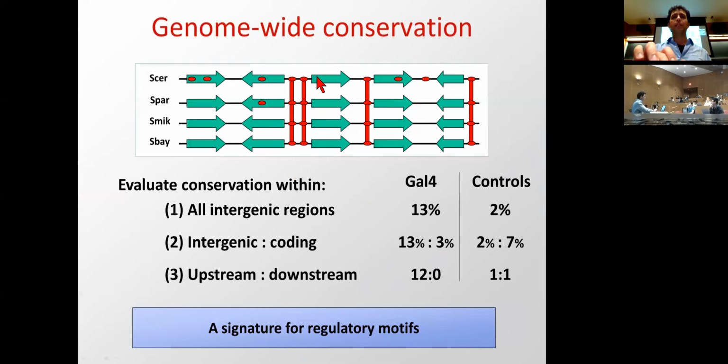And then lastly, you can test upstream versus downstream. So basically in yeast, genes are very close to each other. You can ask for regulatory regions that are upstream of both flanking genes and intergenic regions that are downstream of both flanking genes. And what we find is that Gal4 is preferentially conserved in these divergent regions, but almost never conserved in these convergent regions, whereas random k-mers actually have the same evolutionary conservation.